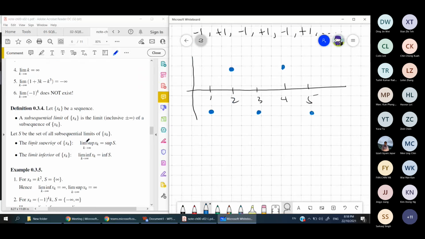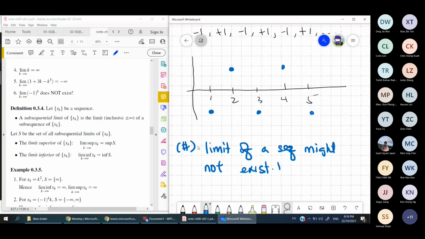Next, from this example, we can see the limit of a sequence might not exist.